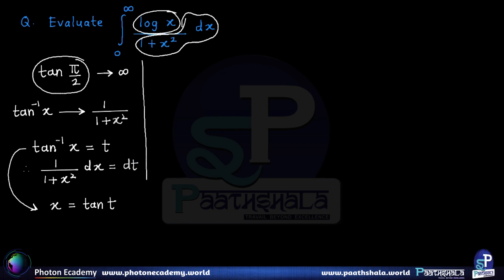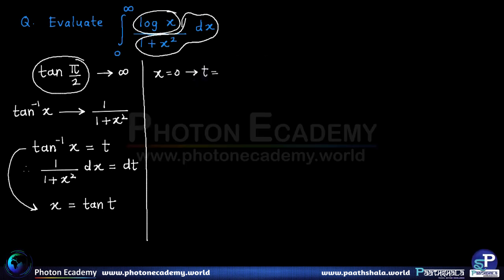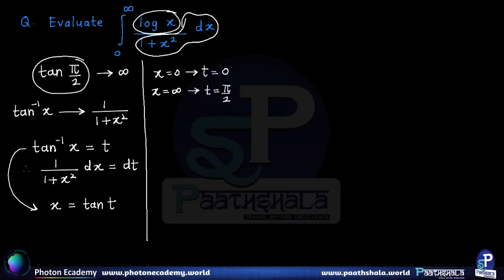Next we have to also change the limits. When x is 0, what will t be? t is tan inverse of x, so tan inverse of 0 is also 0. And when x is infinity, t is theoretically equal to pi by 2, right? This is how we remove the infinity in the substituted integral.